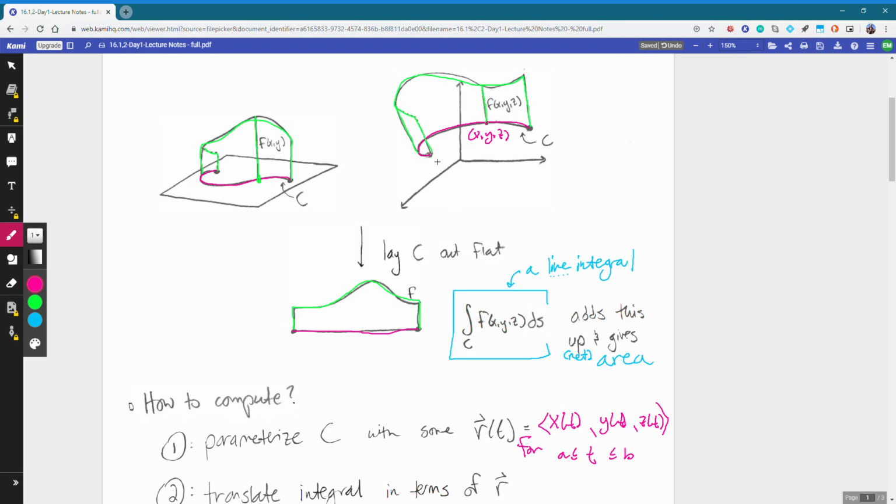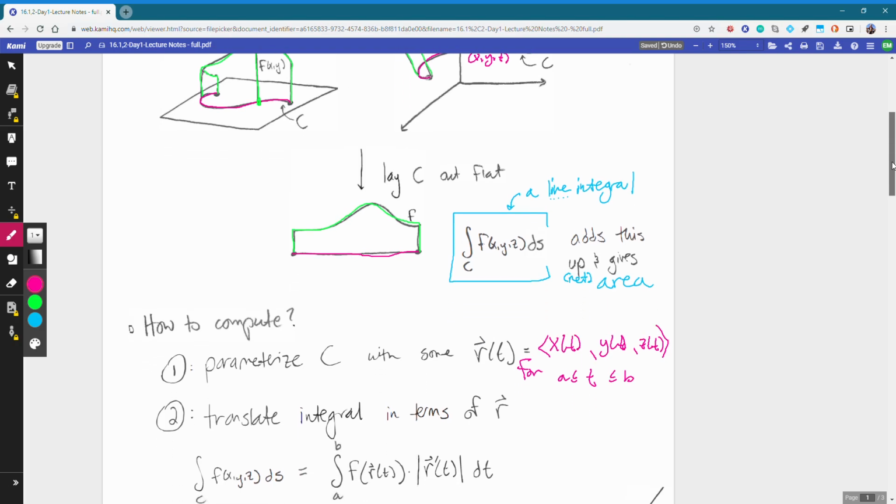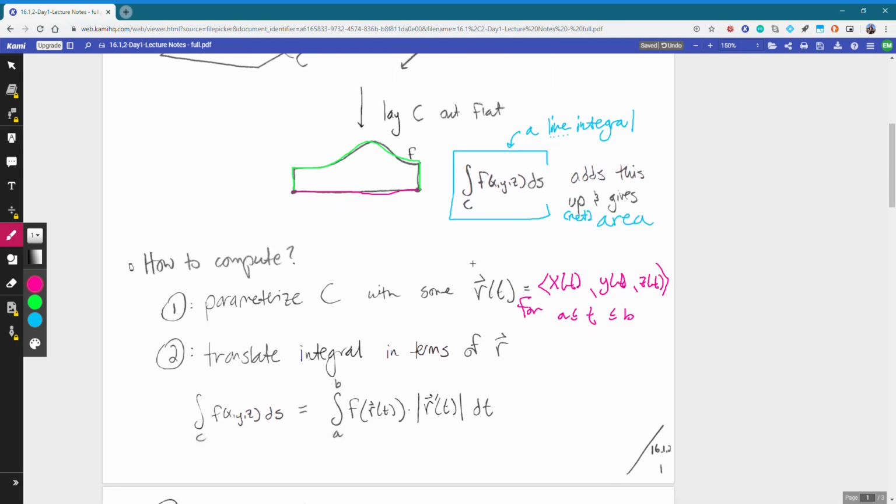And so a first step is to parameterize the curve that we want to add up information for. And once we have that parameterization, we can translate our integral. Here is how this line integral translates in terms of our parameterization. The idea here is that our function, which was originally in terms of x, y, and z, is now in terms of our parameterization.